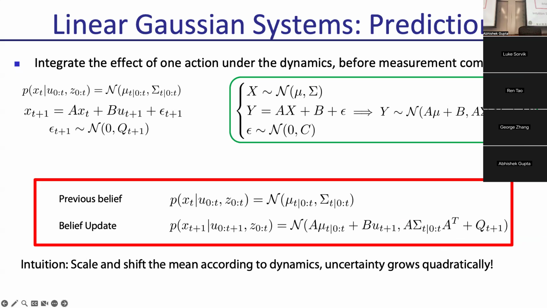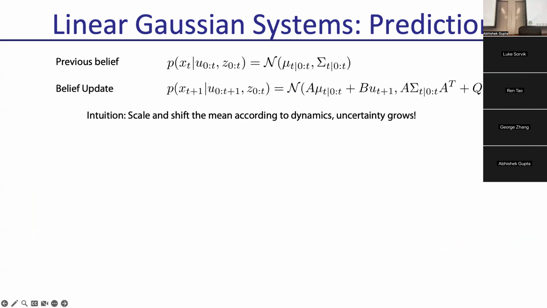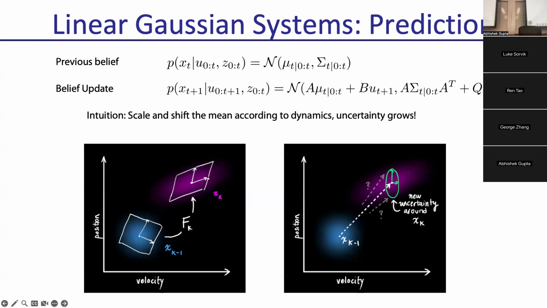Okay, let's get some intuition on what the Kalman filter means. One way of thinking about this is, let's think of this as your initial Gaussian. What this linear operation means is that you can think of it as an affine transformation. You're shifting it in the plane, and so you've shifted the Gaussian.